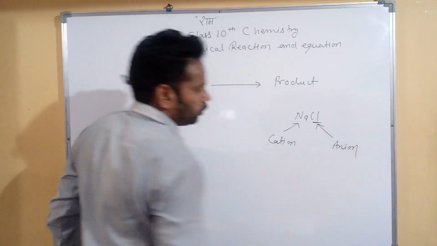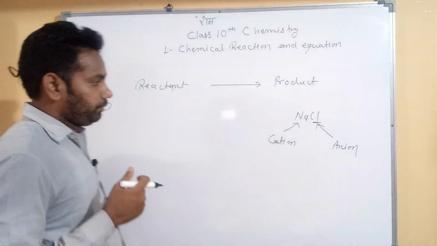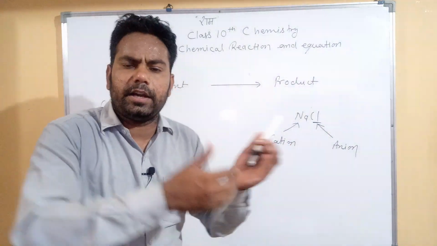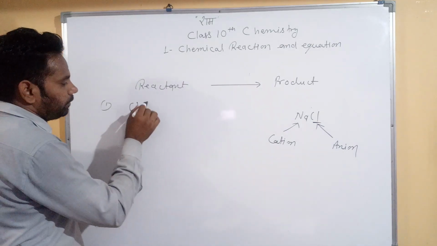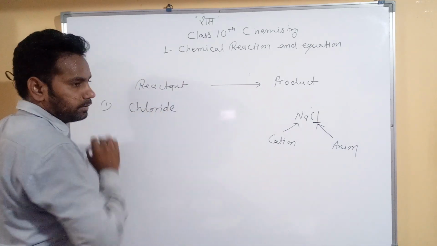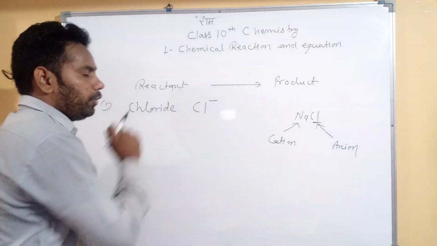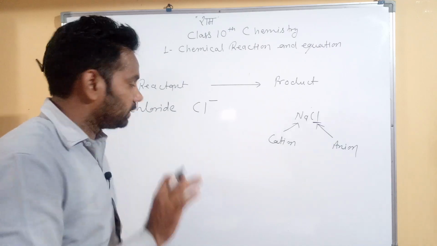We take one anion and create lots of formulas. First we take chloride ions. Its formula is Cl negative, which means its valence is minus 1.